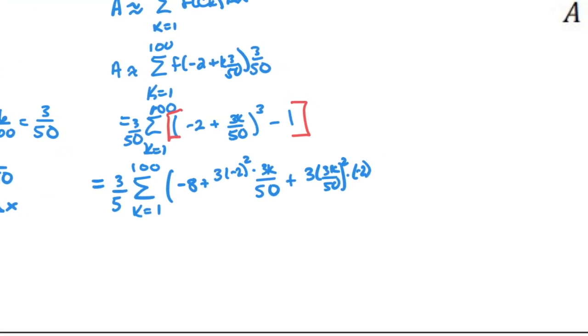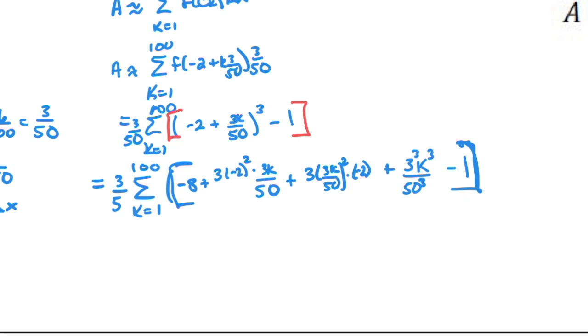And then we will have, of course, don't forget your plus 3 to the third, k to the third over 50 to the third, minus 1. Yes, minus 1. Don't forget that minus 1. All right, double check that everything looks good. And then we're ready to multiply things out.